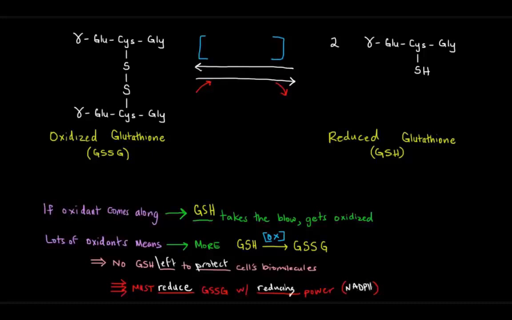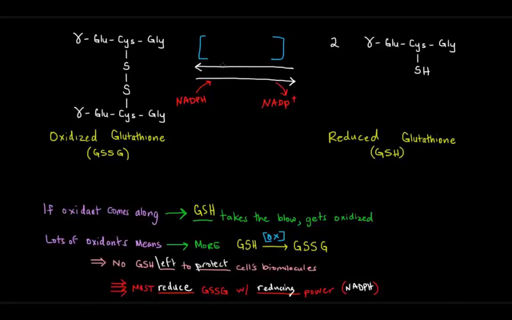So how does that actually happen? This oxidized glutathione, if a lot of it's oxidized, we have NADPH come in, which will provide the reducing power. So NADPH will reduce the glutathione, and the glutathione oxidizes the NADPH. So the NADPH will come out as NADP+, and then we get the reduced glutathione. Now it's available to protect us.